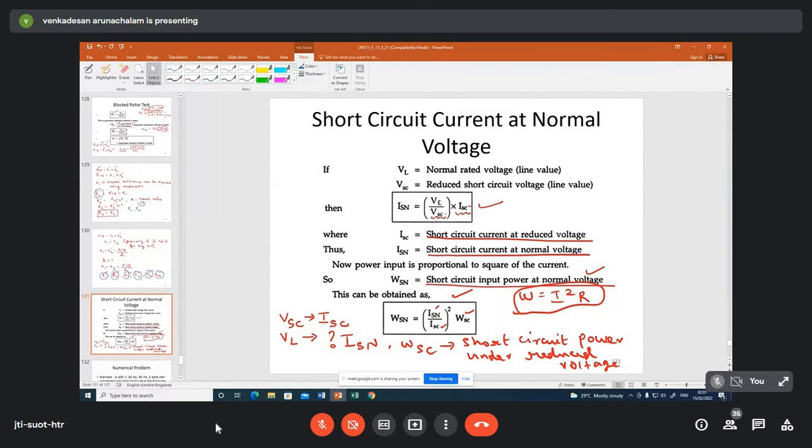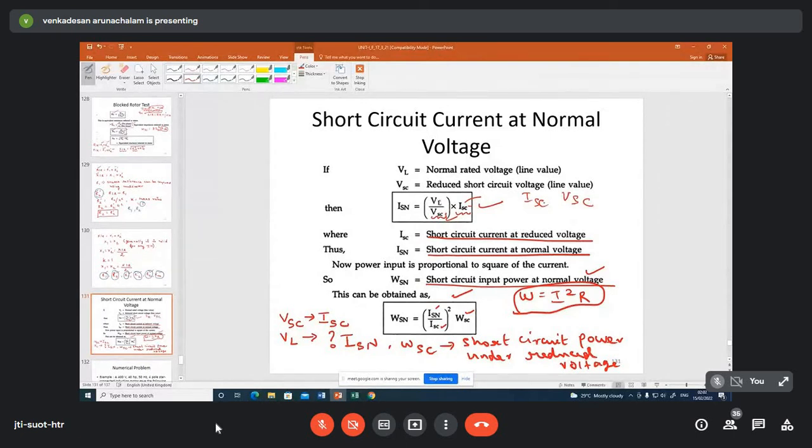So how to predict that? Using ratio and proportion. The short circuit current at normal voltage is nothing but the rated voltage divided by short circuit voltage multiplied by short circuit current. Just a ratio and proportion.